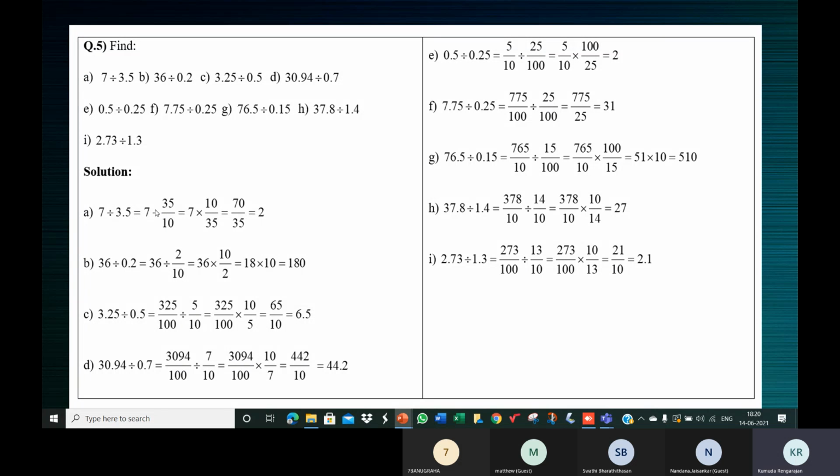Now 7 as it is, division becomes multiplication. 35 by 10 becomes 10 by 35. You can cancel here. 7 ones are 7, 7 fives are 35. Then 5 ones are 5, 5 twos are 10. So 2 is the answer. Or you see 7 into 10, 70 by 35, which is 2.